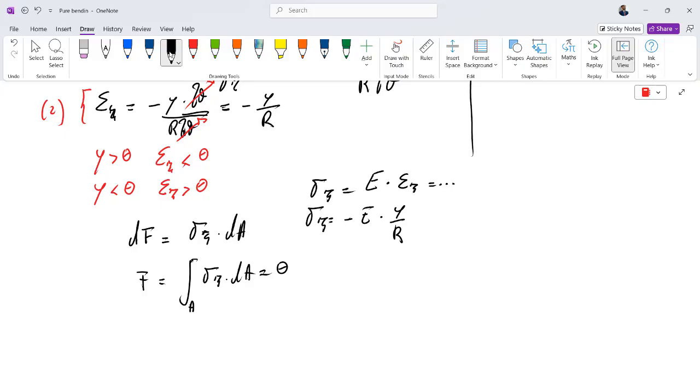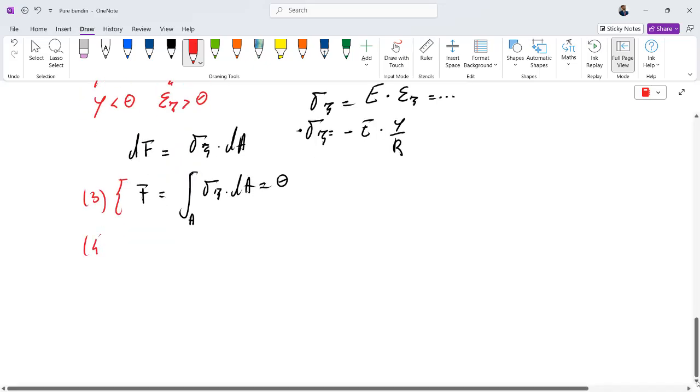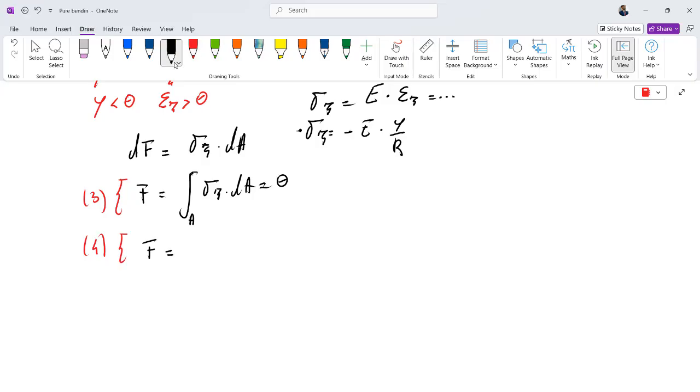We place this in the third equation to obtain a fourth equation: F is equal to minus Young modulus divided by r, extracting from the integral sign, because the Young modulus and the radius are constant quantities, the integral on surface A of y dA, which is equal to 0.